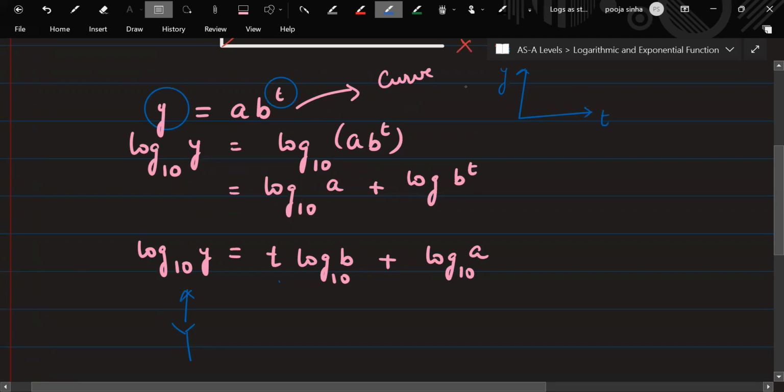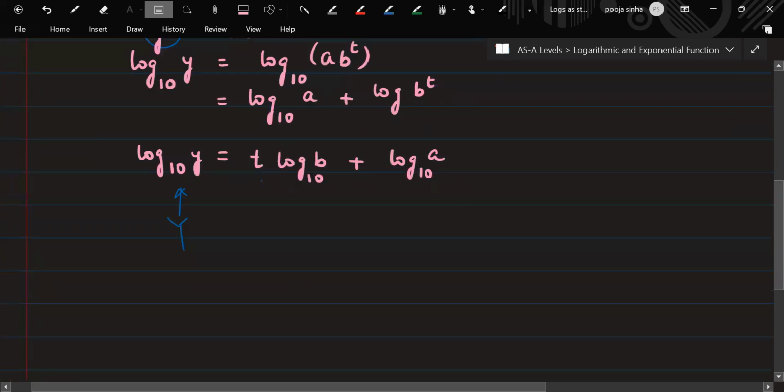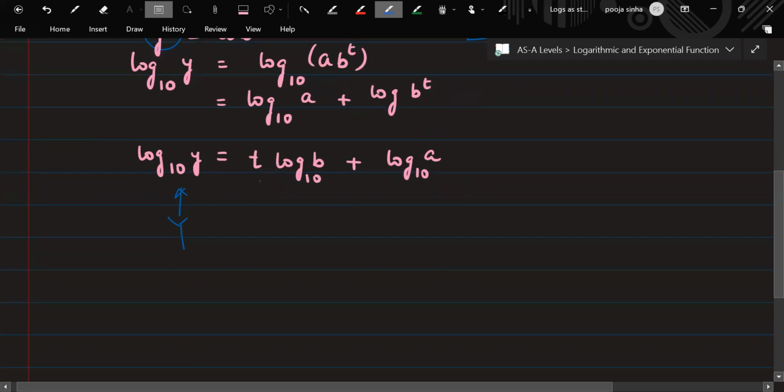But now we are converting it into a line. So we got our y. What is the equation of a line? y is equal to mx plus c. So here there is a plotting between y and t. This becomes your x, this part is your m, and this is your c. Did you get my point?